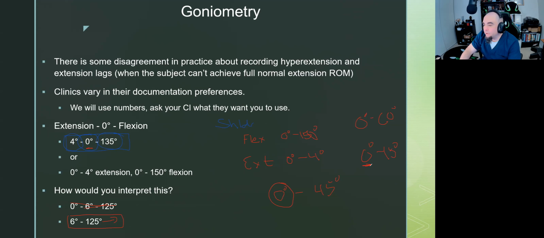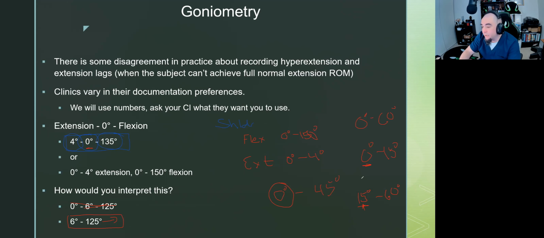If that first number isn't 0, and maybe say that it's 15 to 60, what that should indicate with that 15 is that you have 15 degrees of what's called extension lag. And what extension lag means is you're not able to get all the way back to 0. So you're not able to achieve that 0. Or you have flexion lag if we're talking about extension.